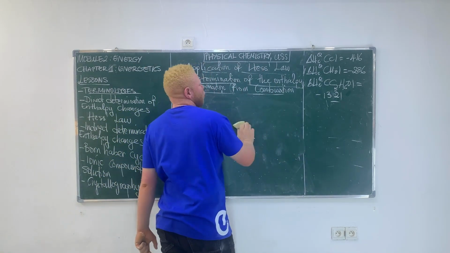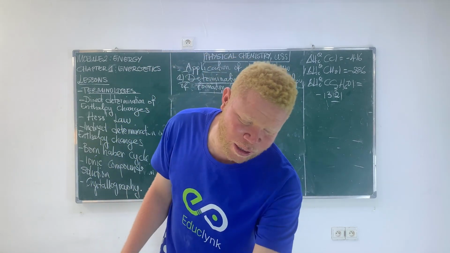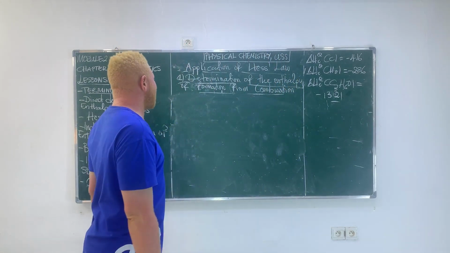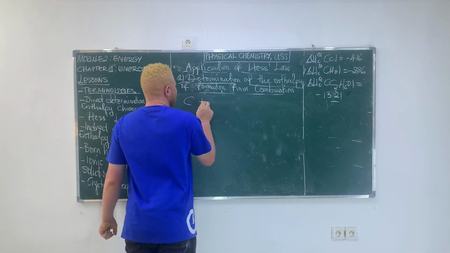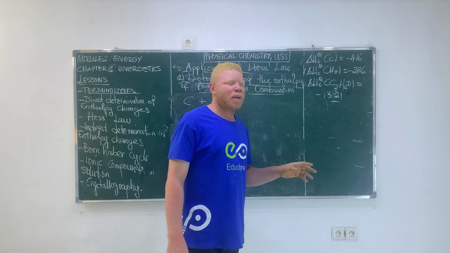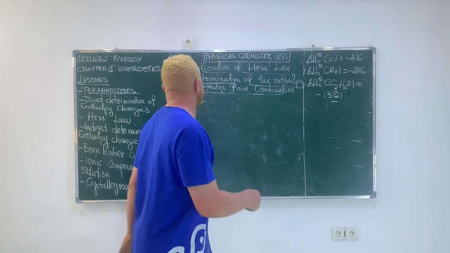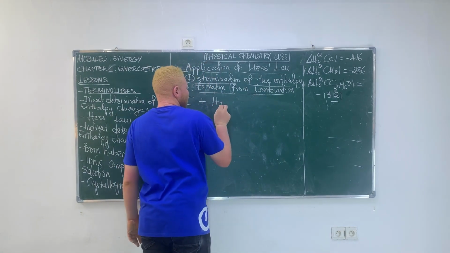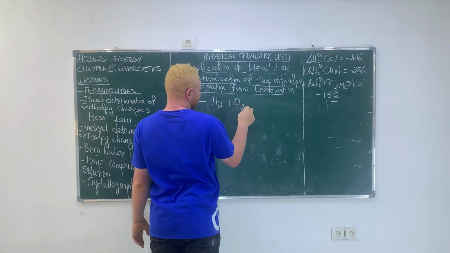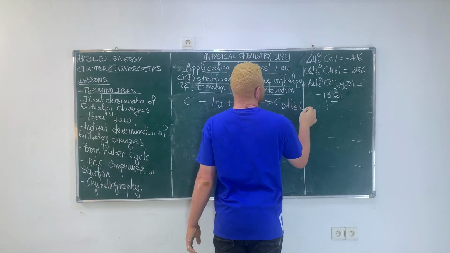Remember that ethanol is made up of carbon, hydrogen, and oxygen. So let's write the balanced equation. Carbon is C, hydrogen is H2, remember that hydrogen is diatomic, and oxygen O2. All of these combine to yield ethanol, C2H6O. I call this the enthalpy of formation. When you burn carbon, you have carbon dioxide.